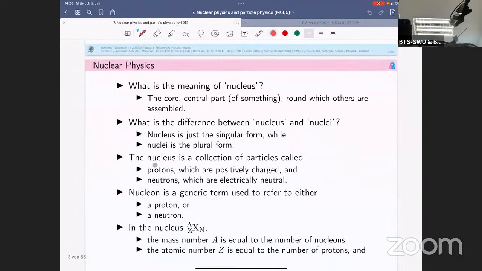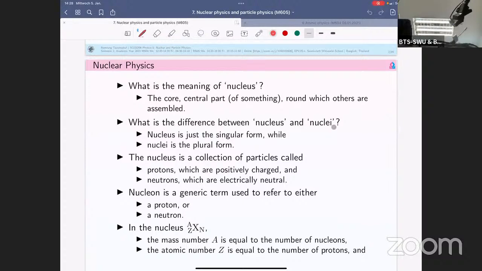So what is the meaning of nucleus? Nucleus means the core or the central part of something round, at which other objects are assembled, stacked together at the core or the center of this thing. What is the difference between nucleus and nuclei?